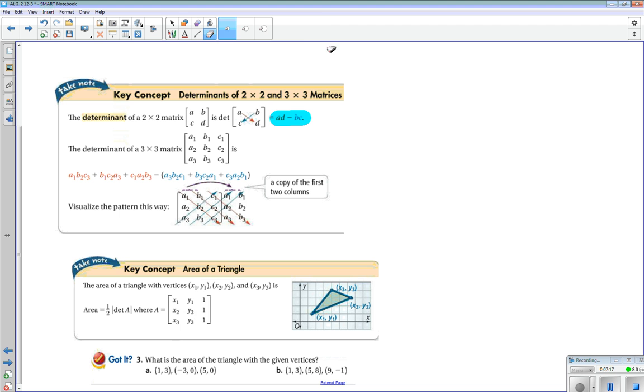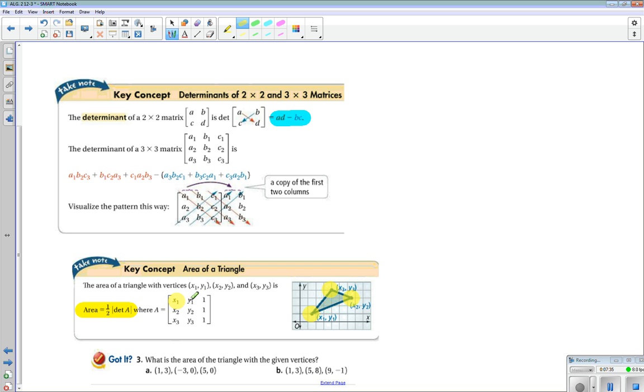The area of a triangle, just so that you guys know, has a little formula that's dependent upon matrices. If you have a triangle, it's got 3 vertices, because that wouldn't be a triangle without it.